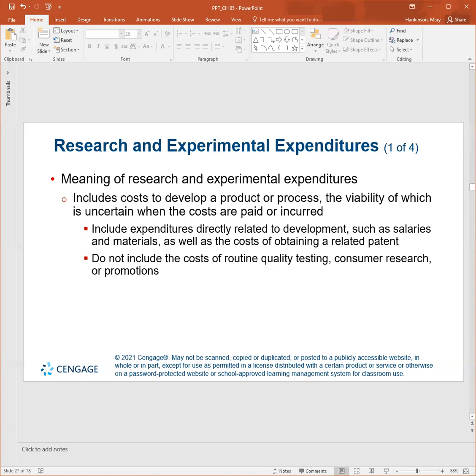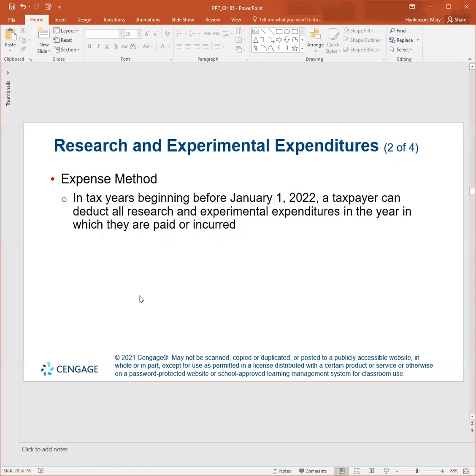They do not include the costs of routine quality testing, consumer research, or promotions, nor do they include the costs of land or depreciable property used in the research, although the depreciation on the property may be used as a deduction.